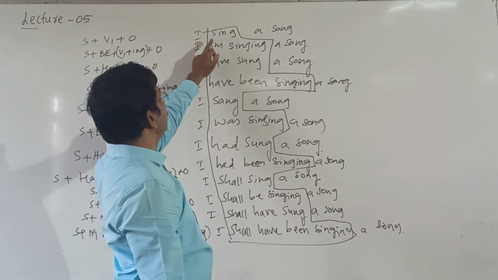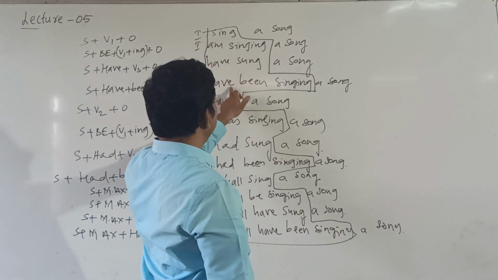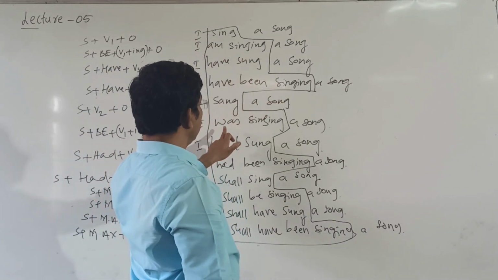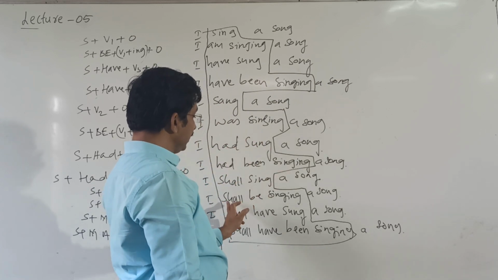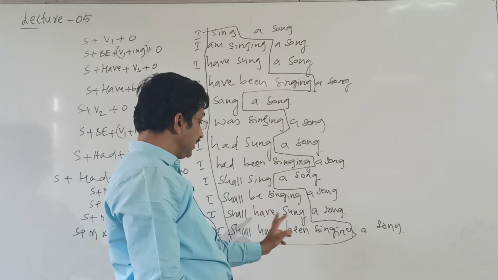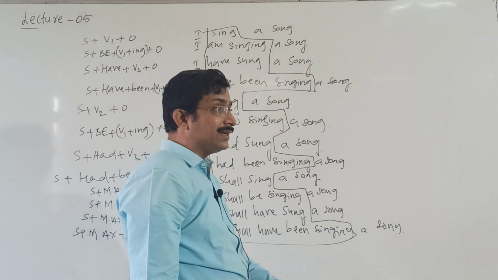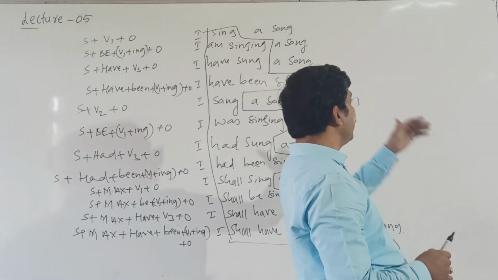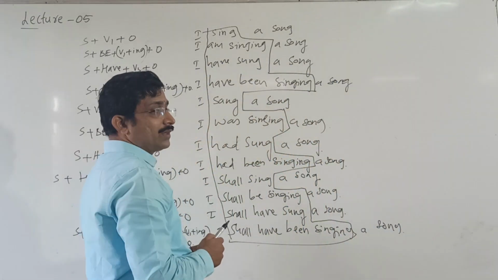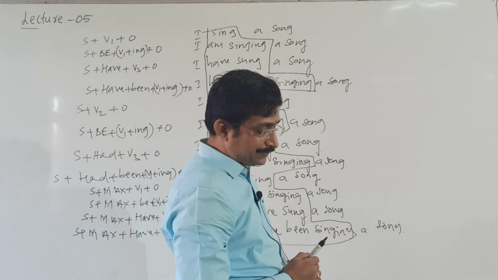Now: sing, I am singing, have sung, have been singing, sang, was singing, had sung, had been singing, shall sing, shall be singing, shall have sung, shall have been singing. These are all the different structures in different tenses. We have completed this now.